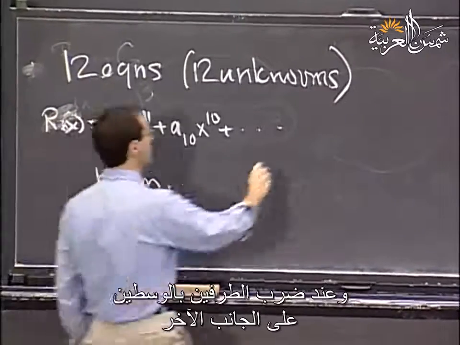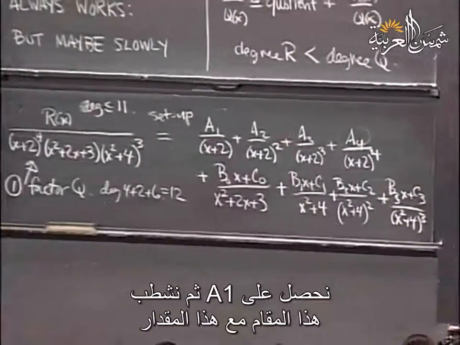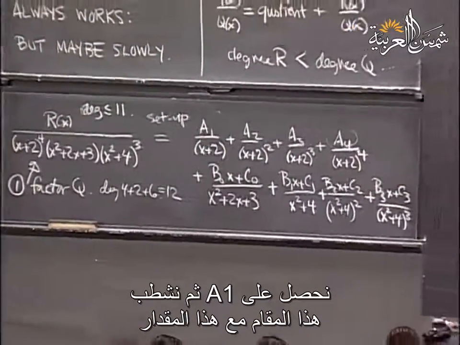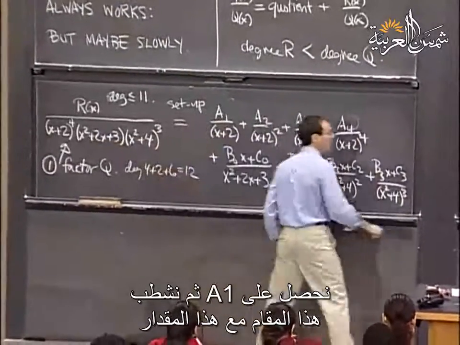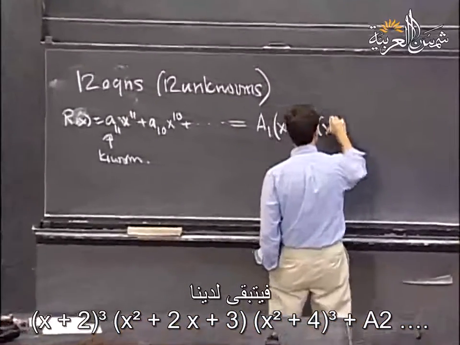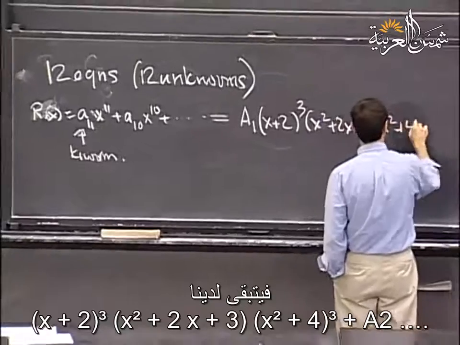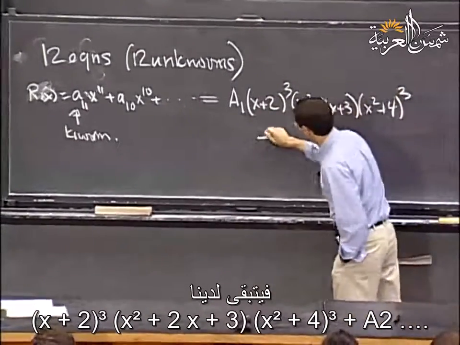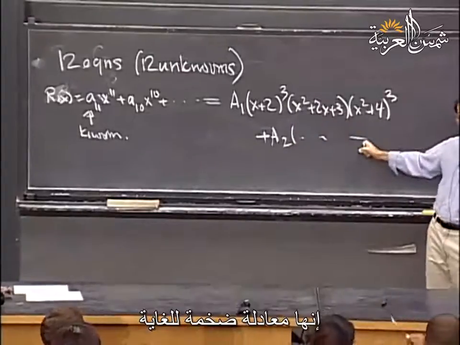And then when you cross multiply on the other side, what you have is a1 times, if you cancel this denominator with that, you're going to get x plus 2 cubed, x squared plus 2x plus 3, x squared plus 4 cubed, plus the term for a2, etc. It's a monster equation.